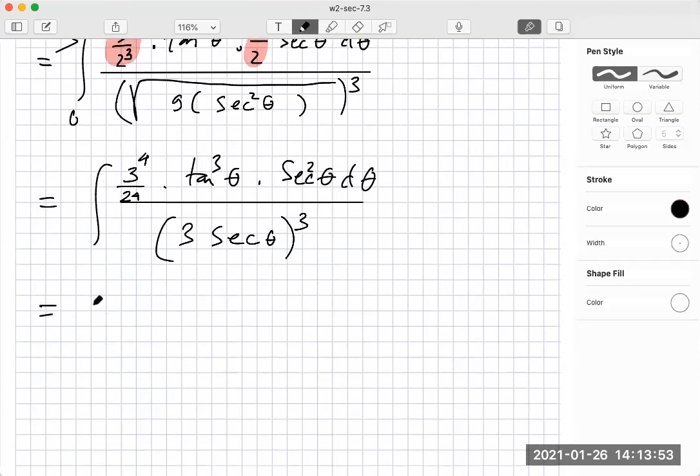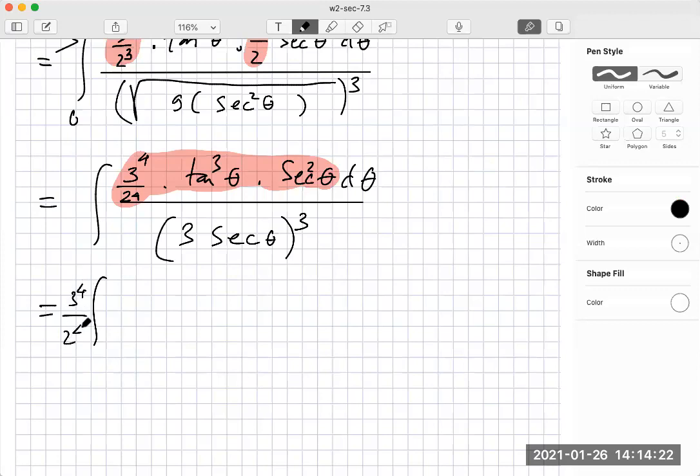And when you write it slowly, this guy is a fraction, right? It is 3 to the 4 over 2 to the 4 times tan cubed secant squared, and then divided by 2, this guy is equal to multiplying with the reciprocal. Do it slowly.